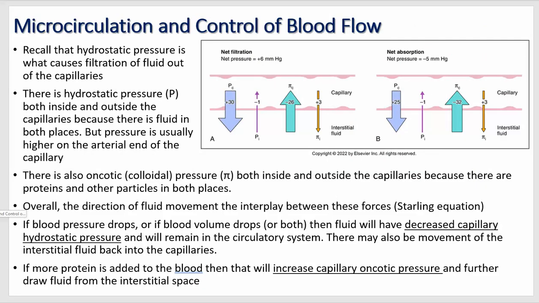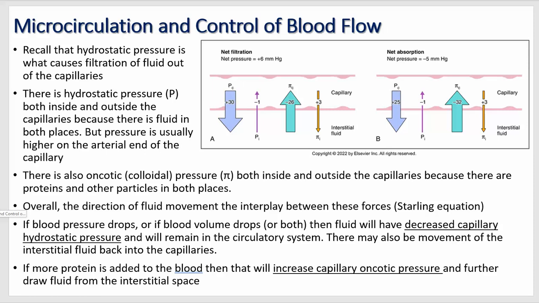All right, so microcirculation and control of blood flow. Now, everywhere in the body, whether it's the liver, the spleen, any of the skin cells, the lungs, any cells that are inside your body have to have a blood flow to them. Now, we know that we can increase or decrease it. We saw how local control can do that based on the metabolites or waste products that are involved, the nutrients or waste products.